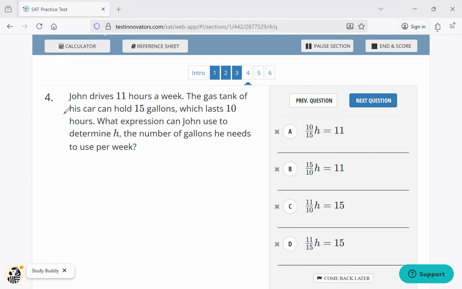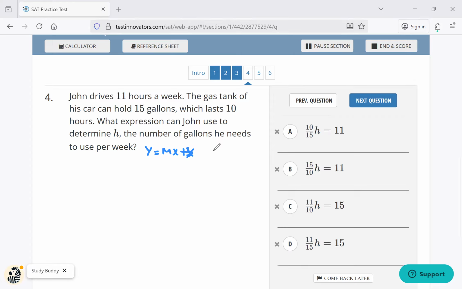So this is definitely a linear equation, and what do we know about a linear equation? It is in the form y equals mx plus b. And we've got to figure out what is our x and what is our y. We don't have a b because they don't give us a starting point, so we don't have to worry about that.